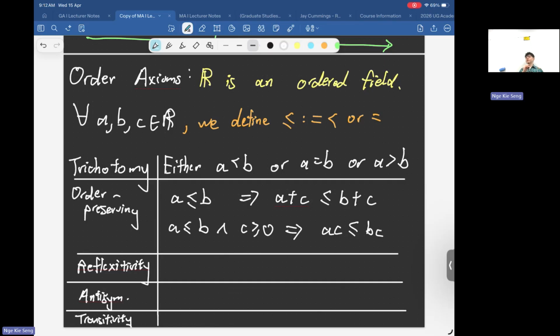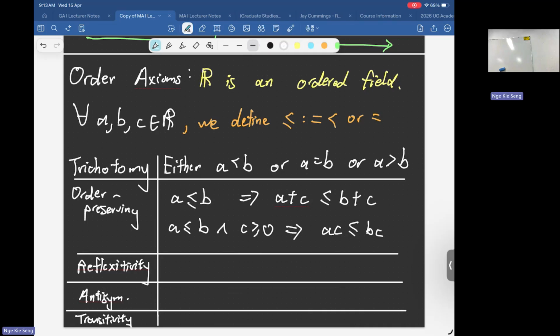Reflexivity means you relate to yourself, right? How do you relate to yourself here? What do you think?